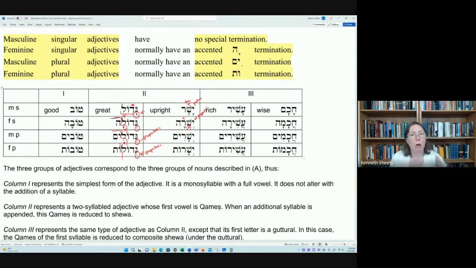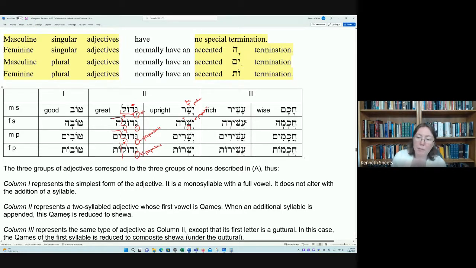It will reduce all the way down to a vocal schwa, but that vocal schwa will be composite. That is the hatef pathach, the hatef segol, or the hatef kamets. In this instance, because we had an A-class vowel there originally underneath the guttural, we will have the hatef pathach standing there.